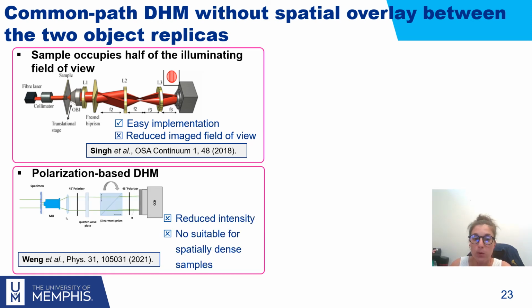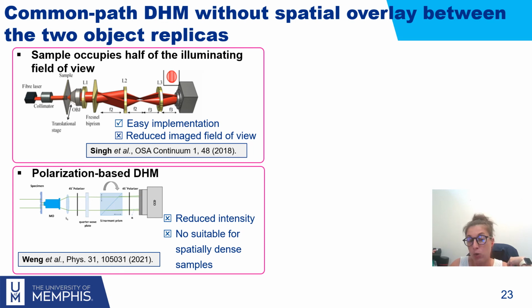The other approach is, all right, let's use some kind of polarization-based common path. Let's use here a polarizing beam splitter, and using polarization, we're going to reduce one of the overlays created by the system. That's super good.